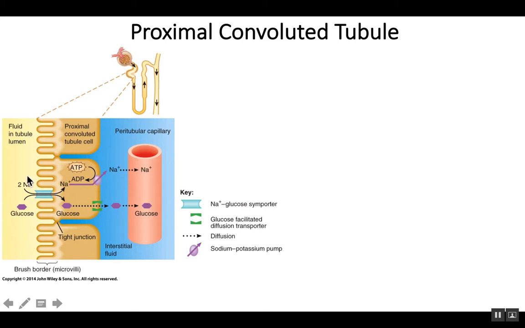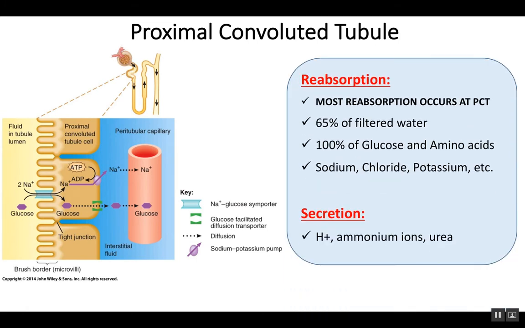The idea here is you take these guys from here and put them into here. So this is reabsorption of sodium and glucose at the proximal convoluted tubule. But there's all kinds of other transporters. And in fact, most of the reabsorption that occurs happens right away at the proximal convoluted tubule.